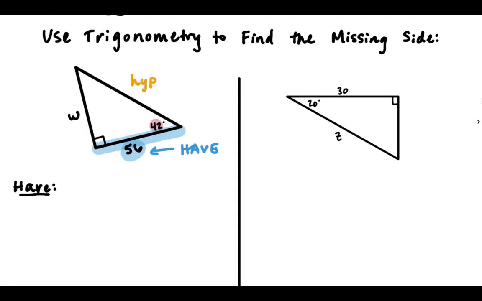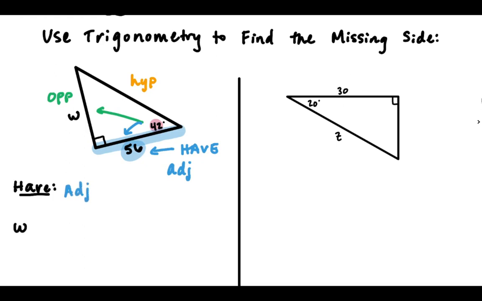Then the opposite side is straight across the triangle from 42. So this is going to be our opposite side. And that leaves our remaining side, 56, as the adjacent side. All right, so our have is the adjacent side.